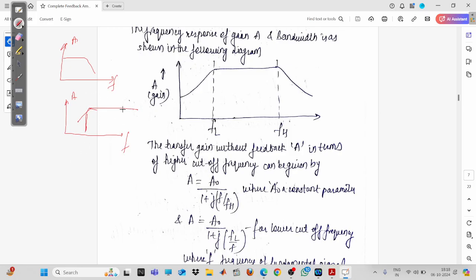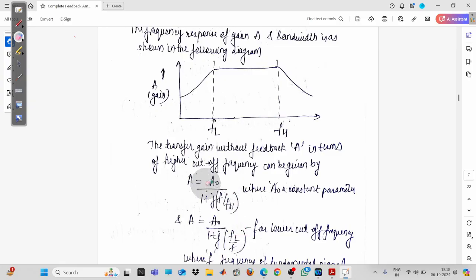Now if you combine these two, you will get the band pass filter, because you are going to pass only a band of frequencies.